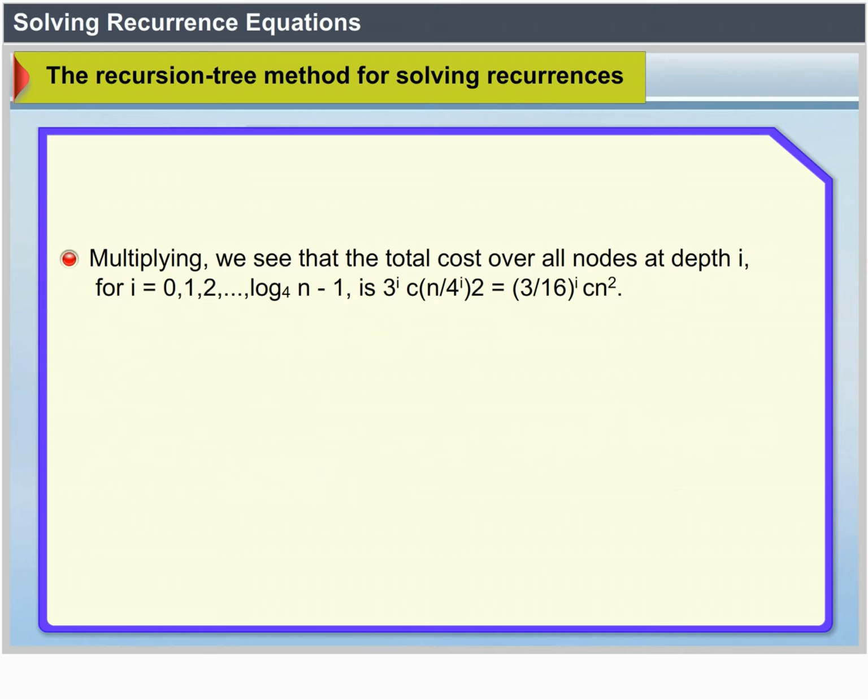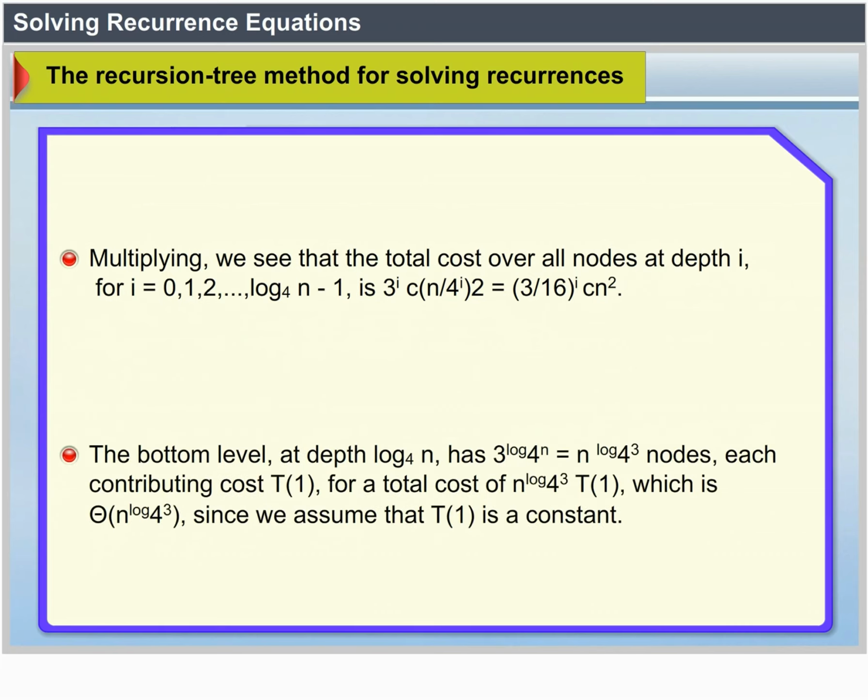The bottom level at depth log₄ n has 3^(log₄ n) = n^(log₄ 3) nodes, each contributing cost T(1), for a total cost of n^(log₄ 3) T(1), which is Θ(n^(log₄ 3)), since we assume that T(1) is a constant.